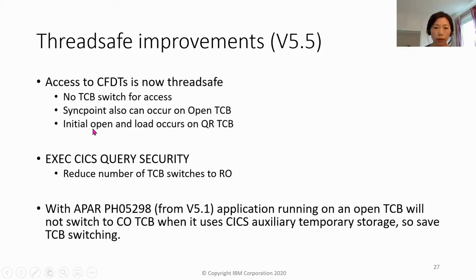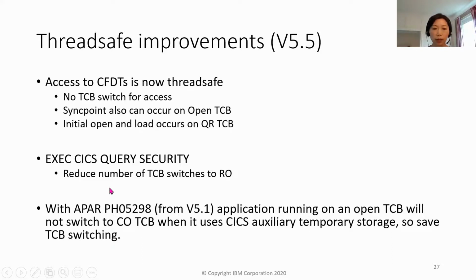We've made all the sync point and other operations run on the OpenTCB, which is where the majority of your application's time will be run, but the initial open and the load still occur on the QRTCB, which we don't think is a priority as a congestion point.